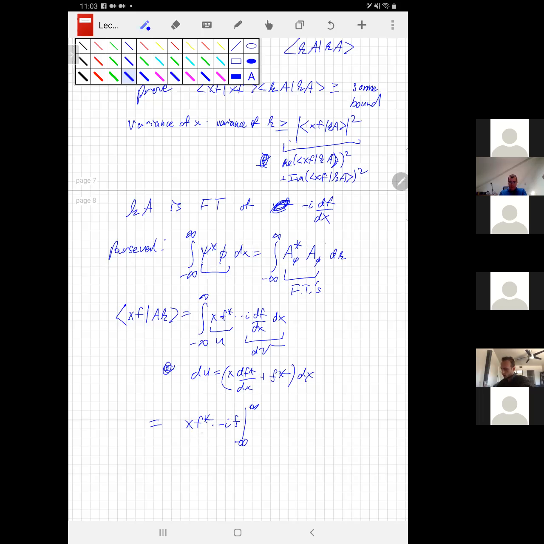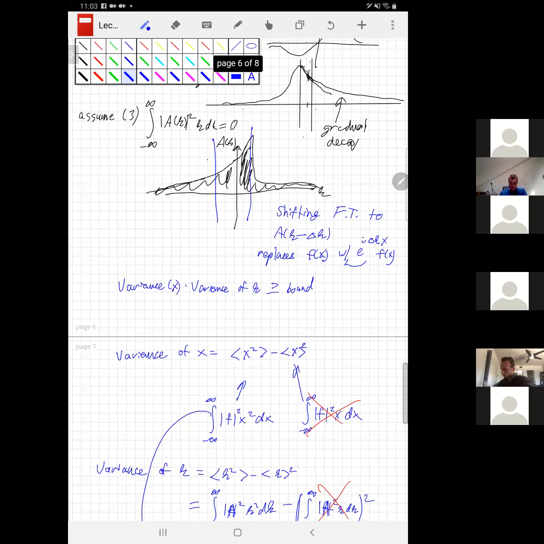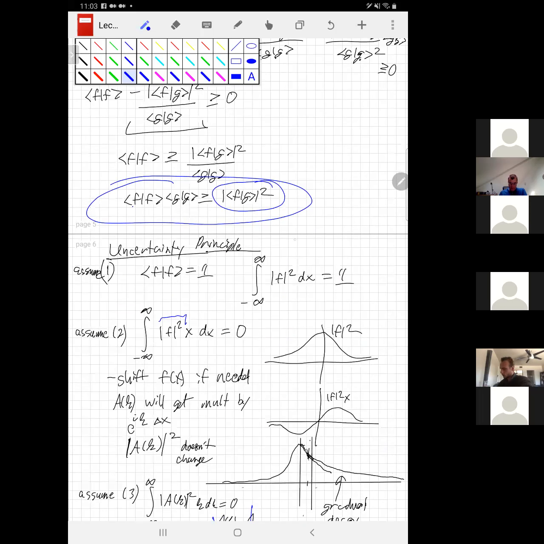And we don't know exactly what f is, but we know that if f squared is integrable, if we can integrate f squared from minus infinity to infinity, as we assumed up here, the absolute value of f squared must decay faster than 1 over x.